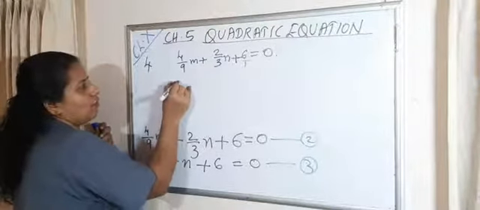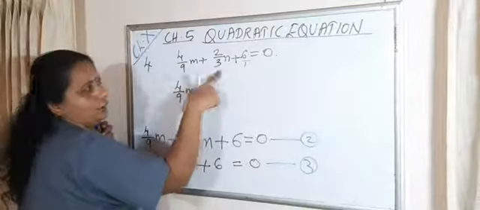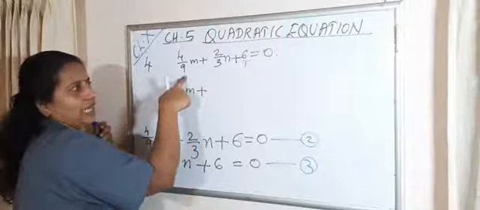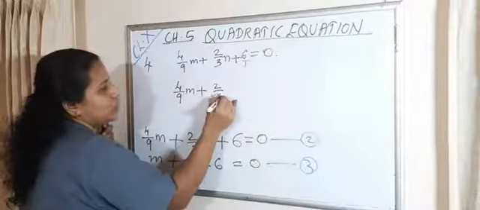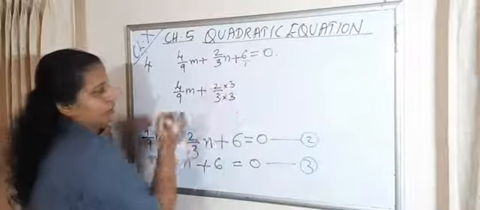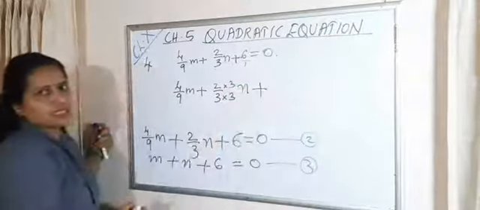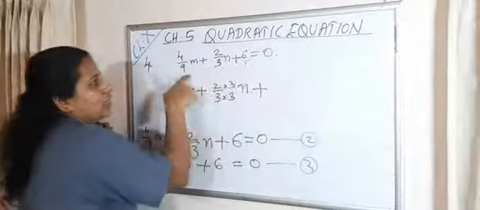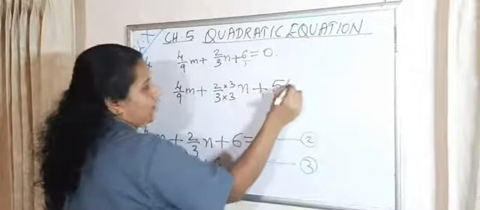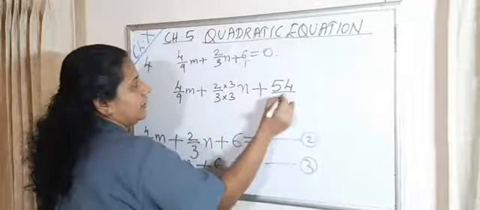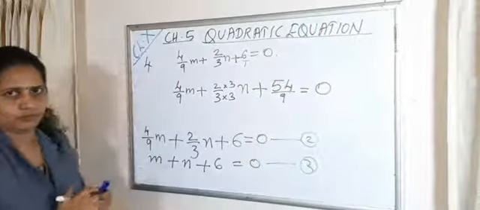So 4 by 9 m itself. Then how many 3's go in 9? 3 3's. So 2 by 3 into 3 into 3 n plus, here 1 into 9 is 9, so 6 into 9 is 54, divided by 9 equal to 0.